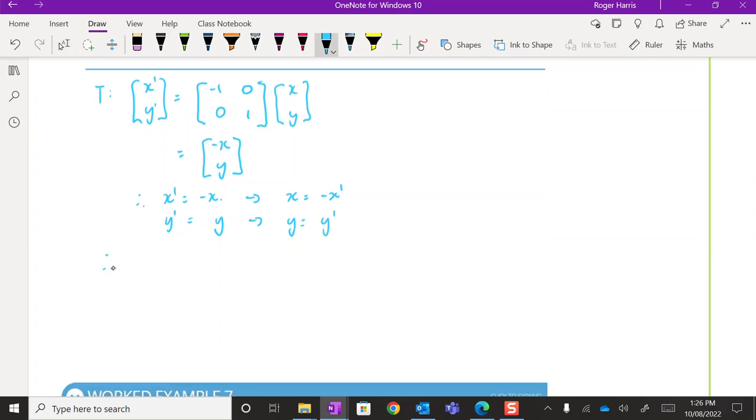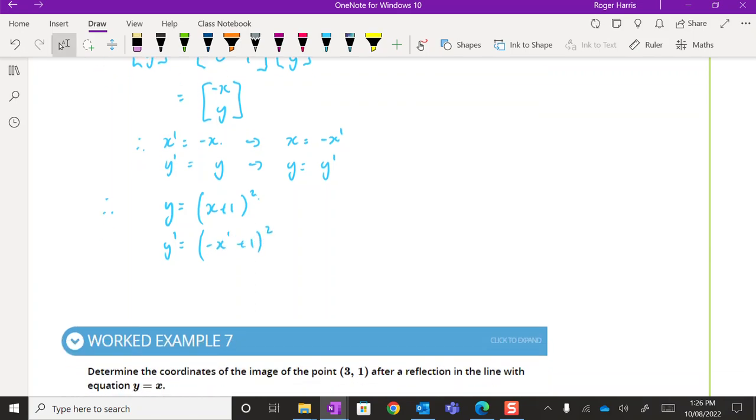From my original equation, I had y equals (x plus 1) squared. For my image, y dash is the same as y, so I can substitute it in. Negative x dash is the same as x. Therefore my reflection, or my image, equation is going to be y equals (1 take x) all squared.